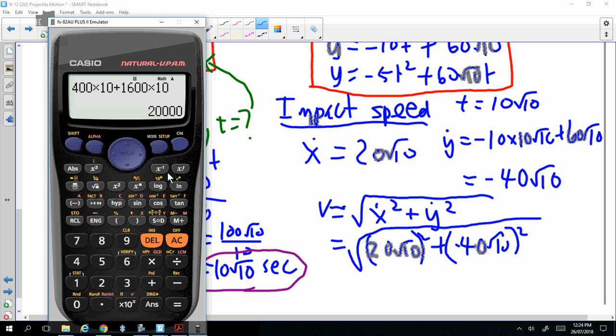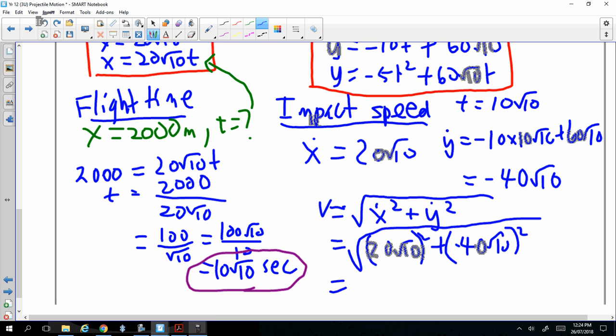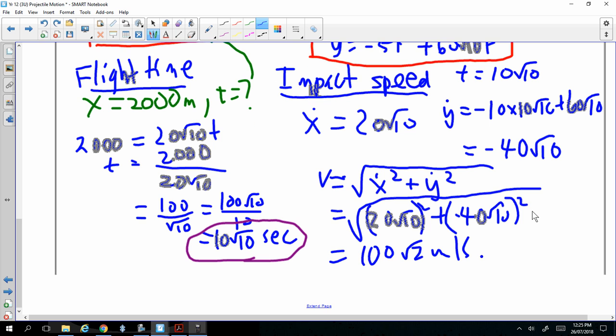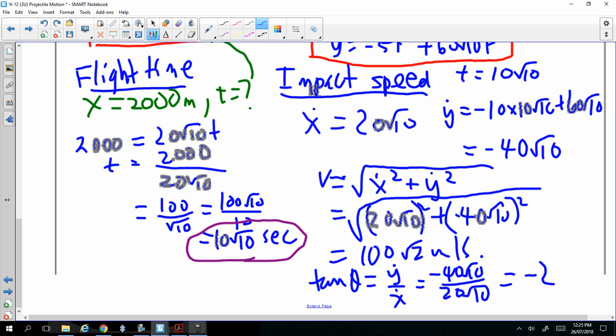And to get the impact angle, you just go tan theta equal to y dot over x dot. And y dot will be negative 40 root 10 over 20 root 10. And then you get negative 2. If you do that on a calculator, shift tan negative 2 gives you negative 63.4 degrees.